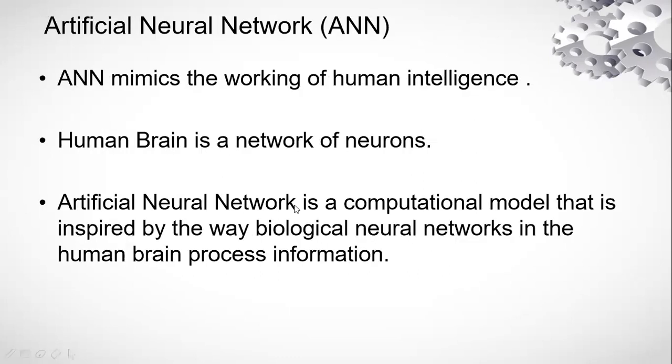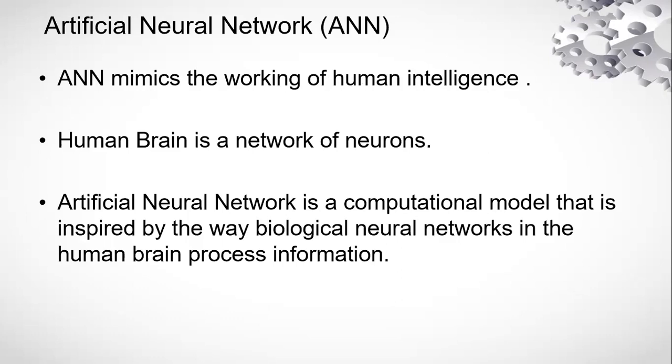Now, when we talk about artificial intelligence, the first thing is artificial neural network. Basically, I'm using the short form for artificial neural network, that is ANN. When I say ANN, what is an artificial neural network? It is a network which is based on the working of human intelligence.